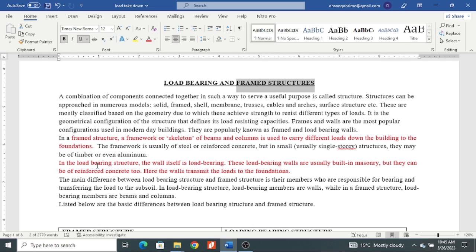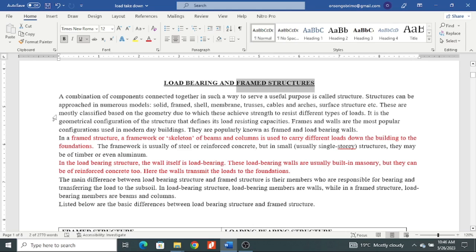And once they get to the foundation, they use foundation systems called strip footings. Therefore, load bearing structures use walls to distribute the load to the foundation, and framed structures use a frame-like structure which encompasses the foundation, the columns, the beams and the slabs to distribute the loads to the foundation.